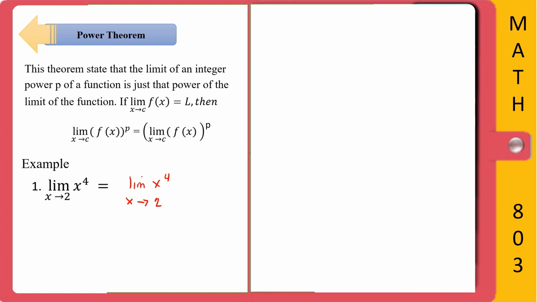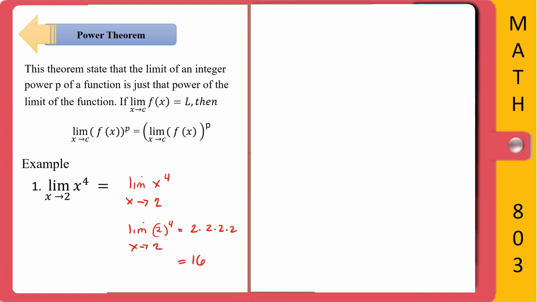So it becomes the limit of 2 raised to 4 as x approaches 2. If you want to expound this one, 2 raised to 4 is 2 times 2 times 2 times 2, which is equal to 16.